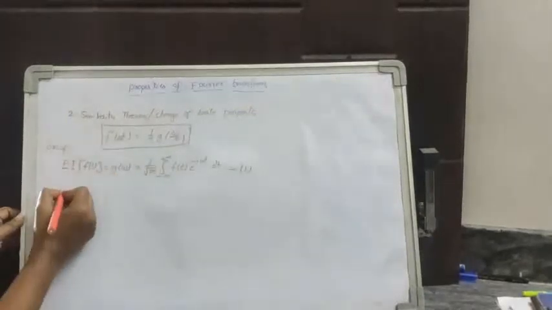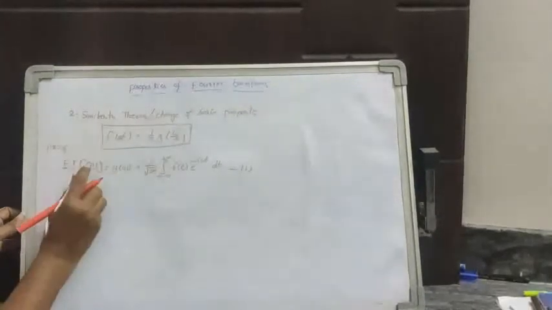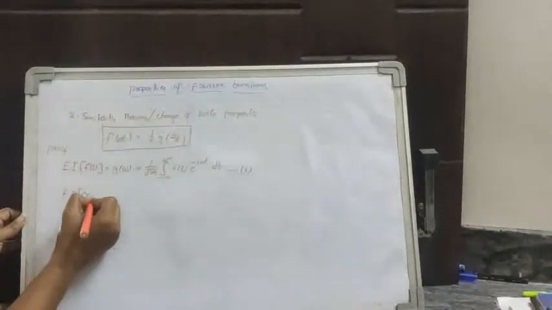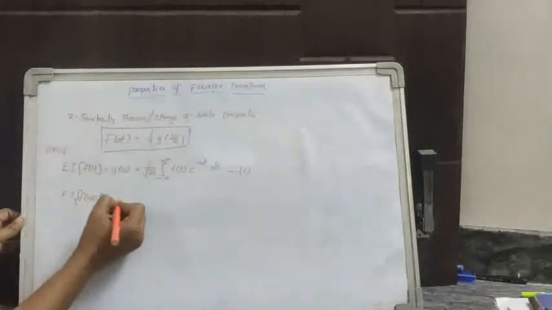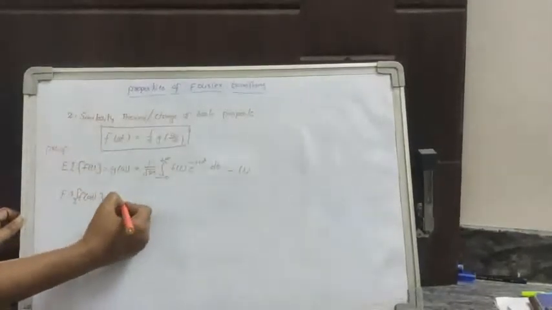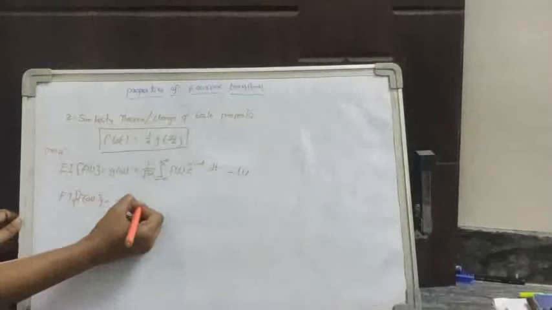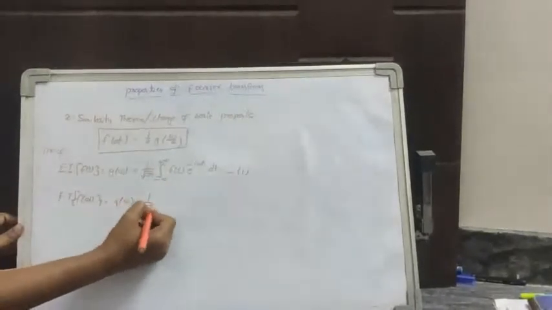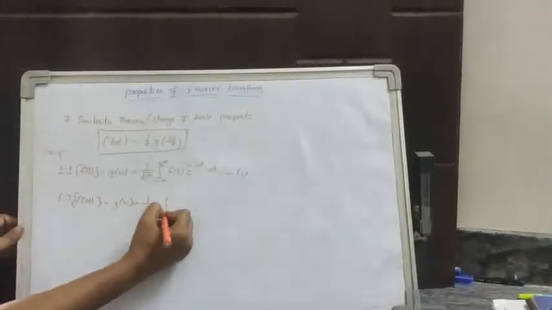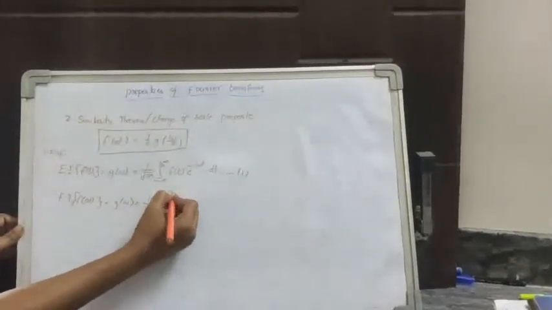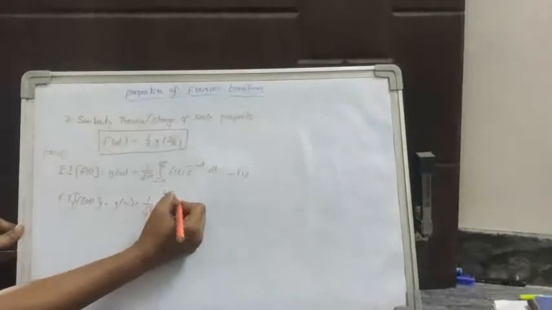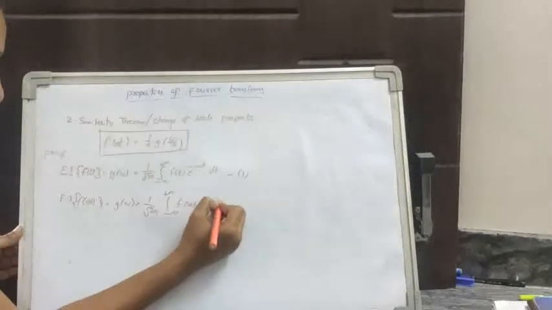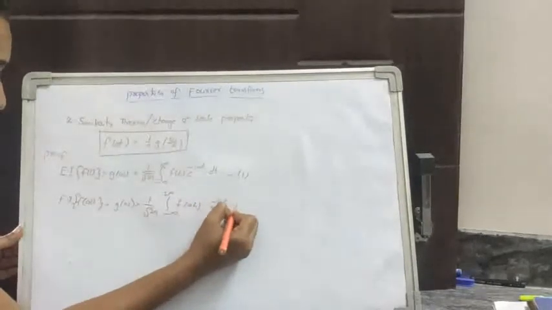The Fourier transform of f of at is g of omega, which we define as 1 by root 2 pi integral minus infinity to plus infinity f of at into e power minus I omega t into dt.